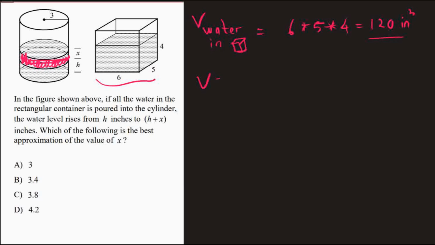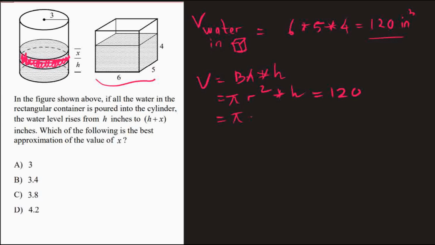Now in the cylinder, the volume, as we said in the previous question, is base area times height. It will be pi r squared times the height, and it equals 120 because the same amount of water is poured there.